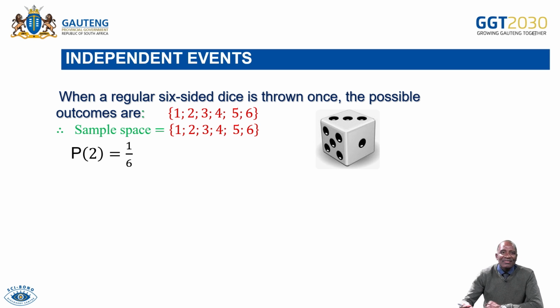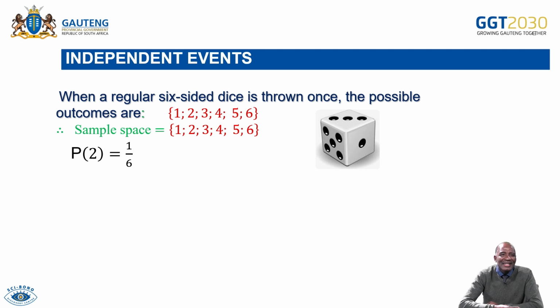Why 1 divided by 6? Anyone to respond to that? Yes, because we are focusing on our favorable outcome. Our favorable outcome is a 2. We are saying we want the dice to give us a 2.